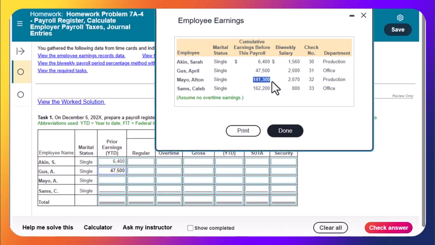And for Mayo we have 141,300 and 162,200 for Caleb, Sam's. And then we can total that up for a total of 357,400.